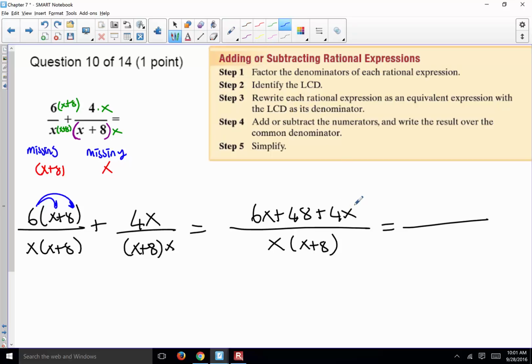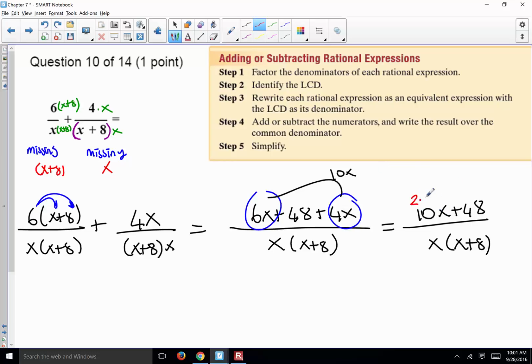And combine like terms and factor. When I combine these, they make 10x. Alright, any factoring going on the top? Break 10. Break 48. Do we need to break 24 further?